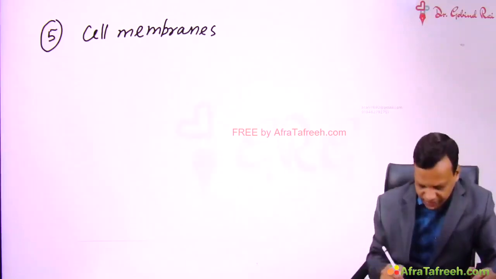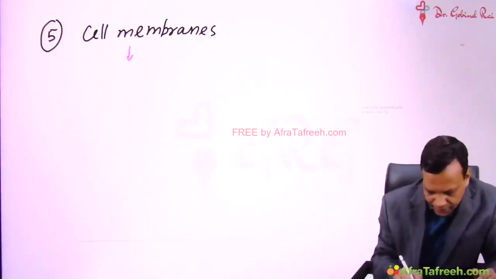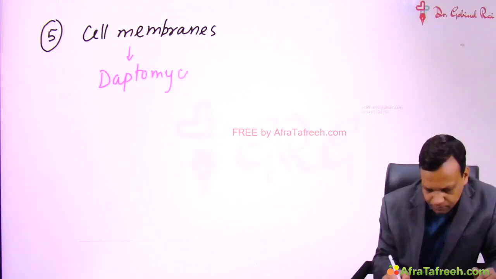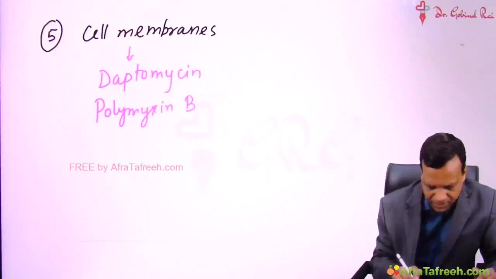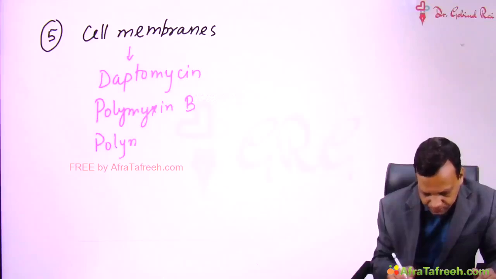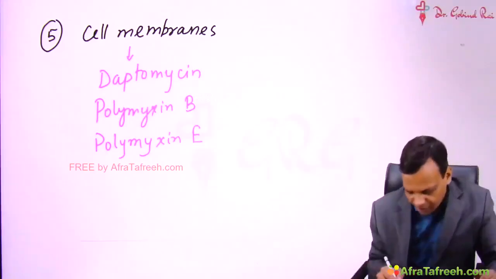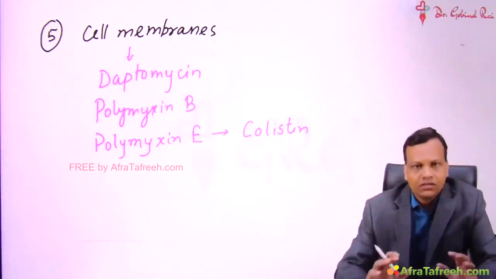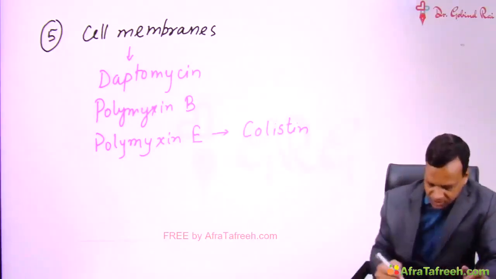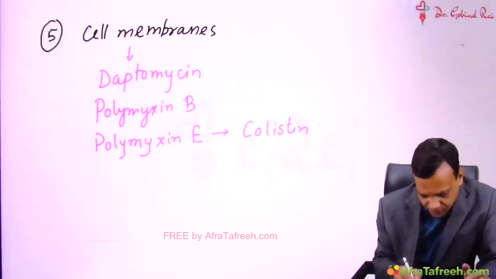The important drugs affecting cell membranes are daptomycin, polymyxin B, and polymyxin E. The other name of polymyxin E is colistin. These drugs act on cell membranes.